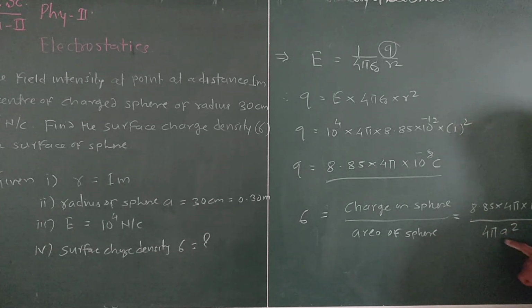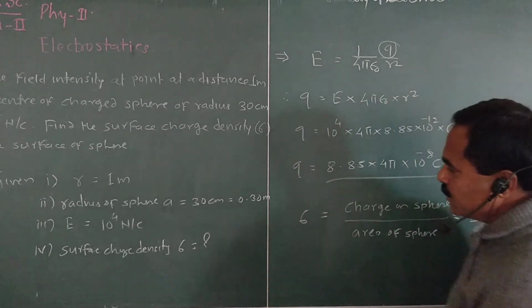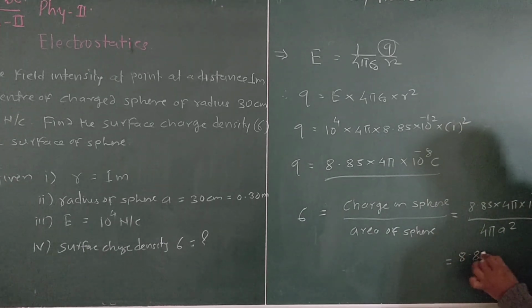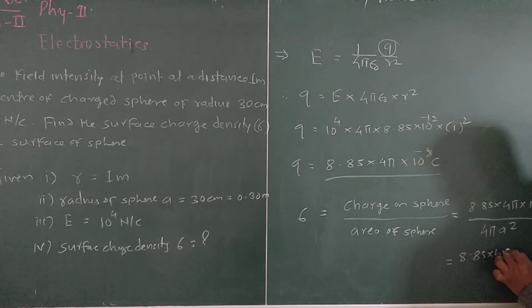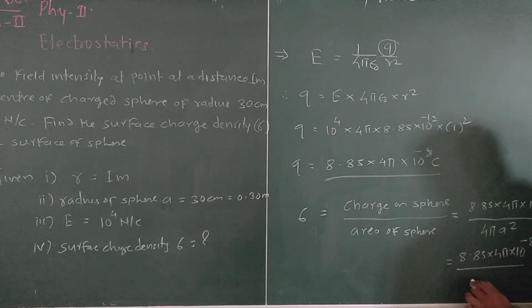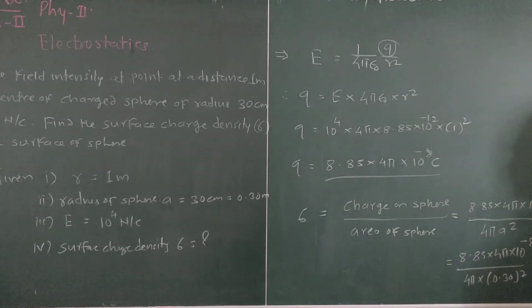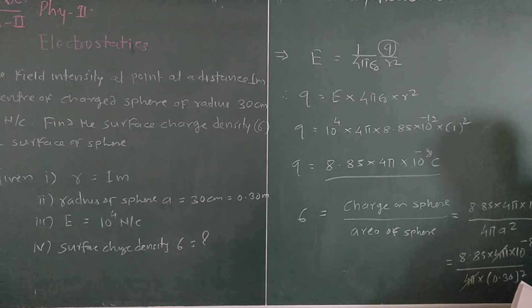Here we substitute the value of a, which is 0.30 meter. So 8.85 into 4 pi into 10 raised to minus 8 divided by 4 pi into 0.30 bracket square. This 4 pi gets cancelled.